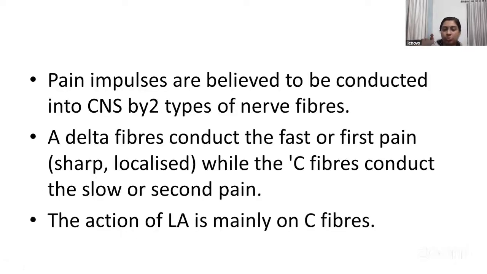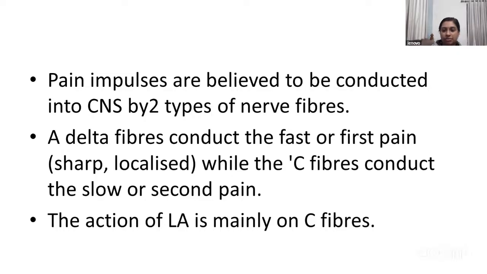So basically, for pain impulses, as dentists, the important fibers we are concerned with are A delta fibers and C fibers. Pain impulses are believed to be conducted into the CNS by these 2 types of nerve fibers. We can compare them: A delta can be imagined as adult fibers, and C fibers as children fibers.